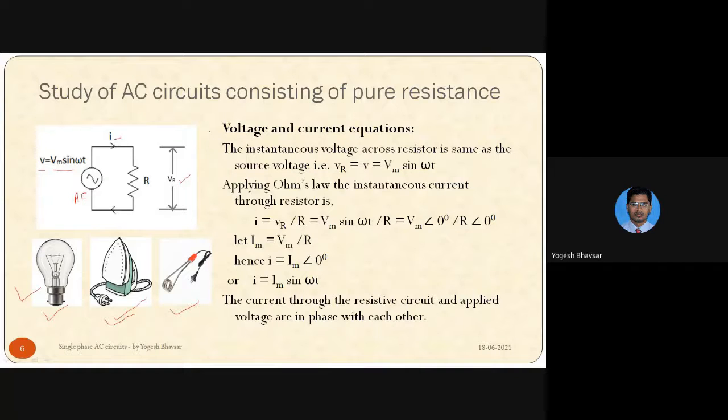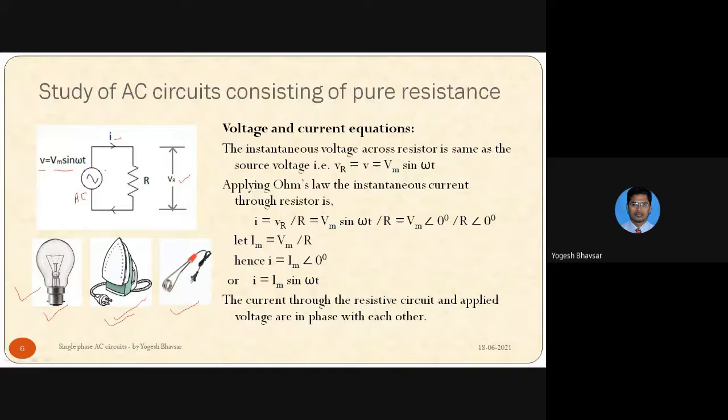So let us first see the voltage and current equations. The voltage equation we already know because we have considered the voltage source as a reference. So let us derive the equation for current. The instantaneous value of the voltage across the resistor is the same as the source voltage. Why? Because in the circuit across this source there is only one element, that is resistance.